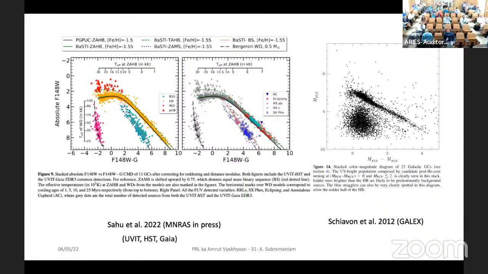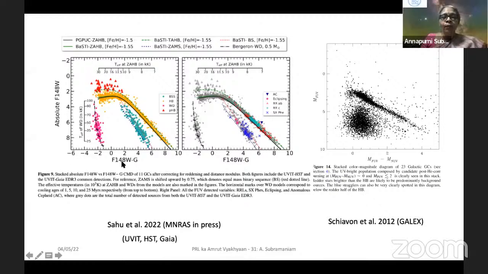So in a given image, do you take all of them? No, this is actually a combination of several clusters put together. So 11 globular clusters put together, this is coming here. With the 11, you can actually see that it is falling within the post-HB and the HB, zero-age HB evolution.